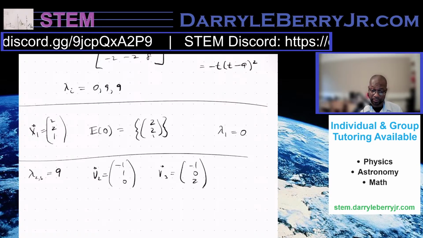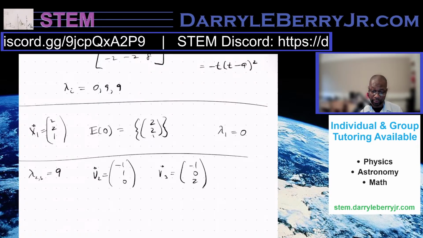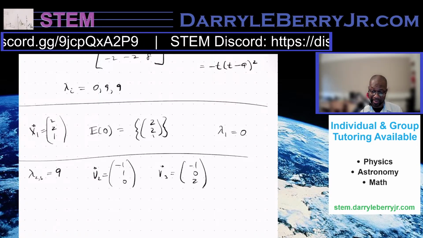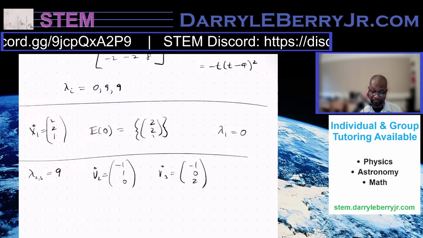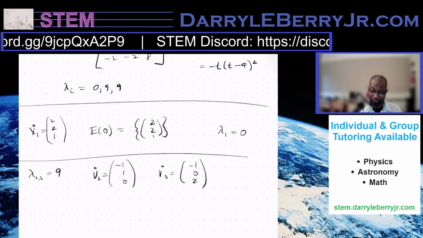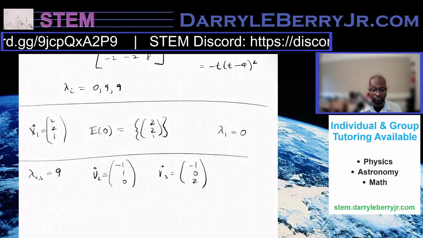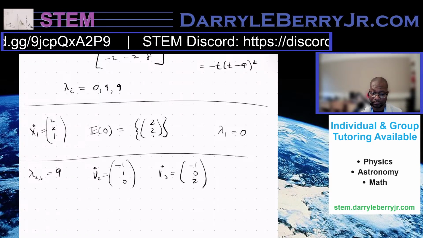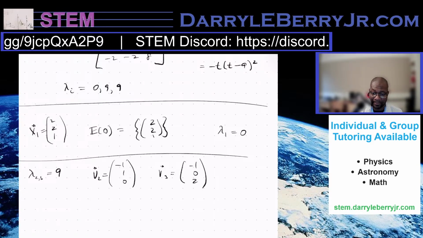So we want an orthogonal or orthonormal basis. We must use the Gram-Schmidt process. Right, so I have to review Gram-Schmidt.